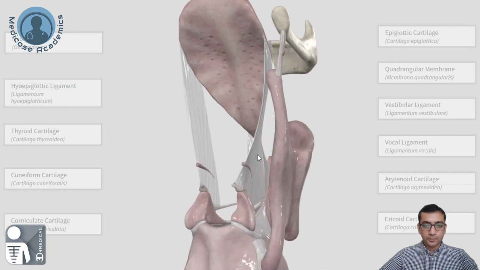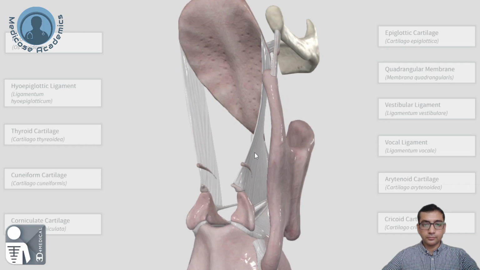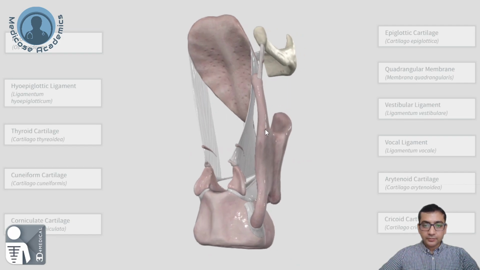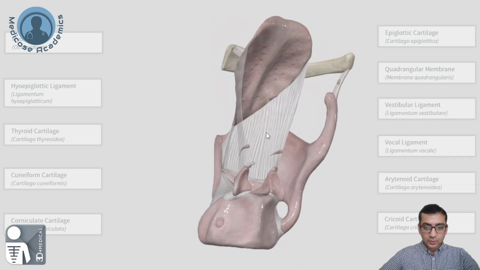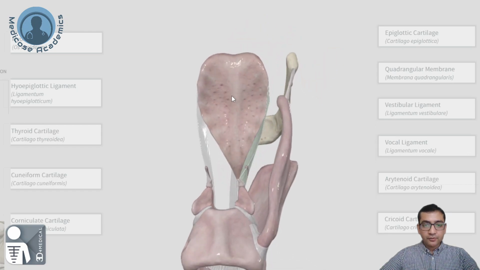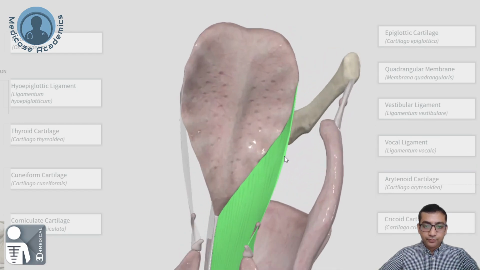This ligament, this one, this is the quadrangular membrane, quadrangular ligament. You check what are the attachments.